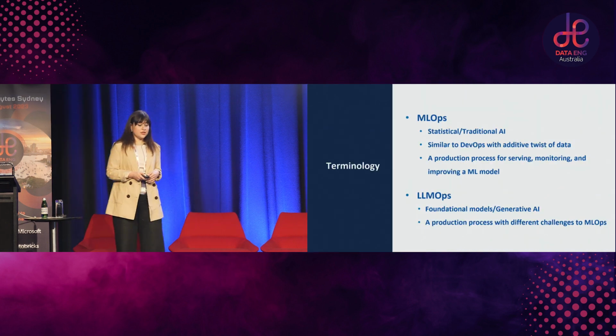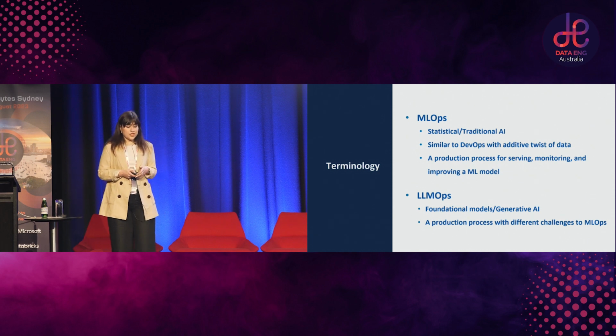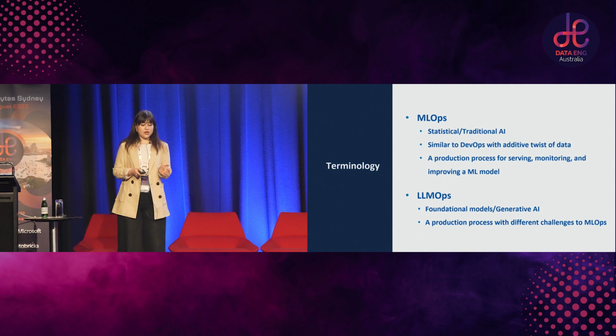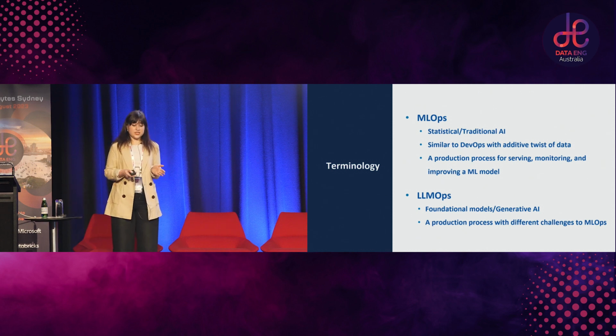So let's make sure we all have a common understanding of the technical jargon that I'm using today. Nowadays, people use MLOps to talk about traditional and statistical AI, as opposed to foundation models or generative AI, where we use LLMs. With MLOps, in general, the spotlight has shifted from algorithm design, model training, and hyperparameter tuning to basically shipping the model.